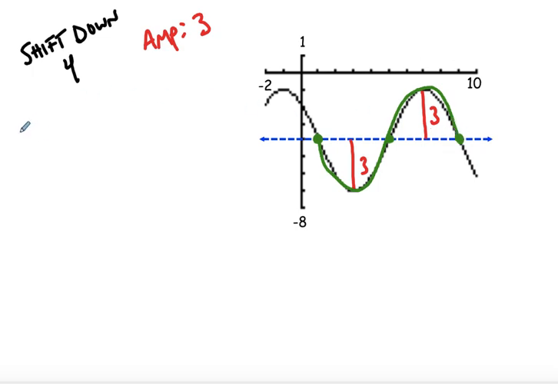So that means that there's a flip. Any other shifting going on? Well, sine typically starts on the y-axis, but this is shifted over by 1. This is 1, 2, 3, 4, 5, 6, 7, 8, 9, 10. Yes, so it's a shift over to the right by 1.